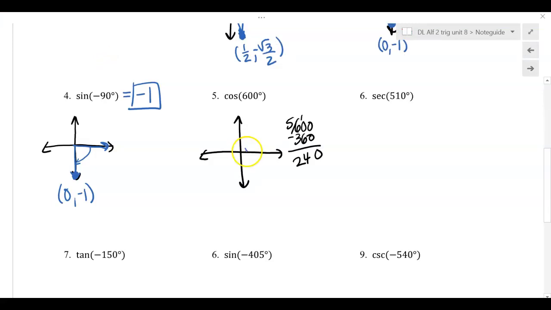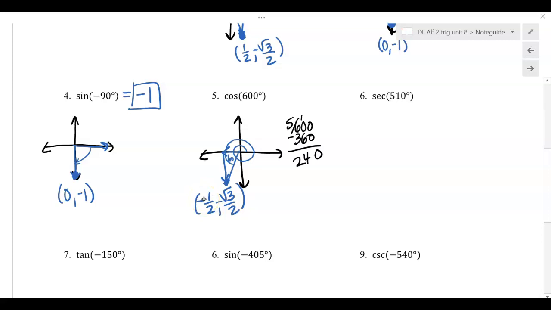So I would go 360 degrees, and now I'd go an extra 240 degrees, which is in this third quadrant. 240 degrees is 60 degrees past 180, so it's a 60. And again, that's a shorter x with a longer y. So short x means 1/2 is the x, longer y means rad 3 over 2 is the y, and being in the third quadrant means that both coordinates are negative.